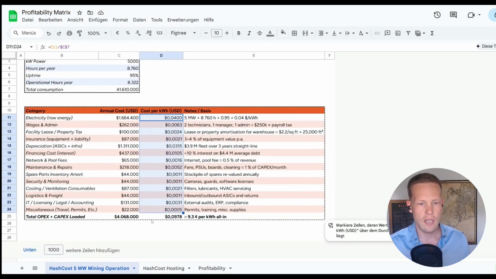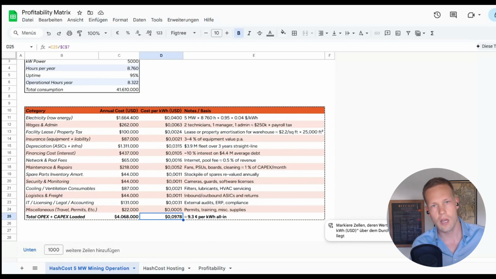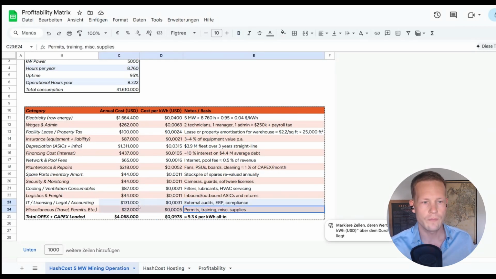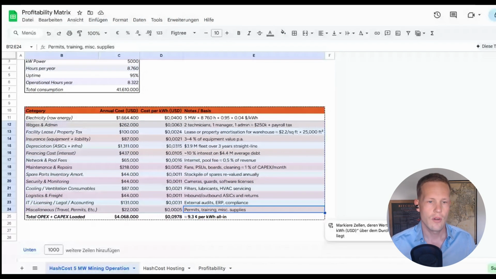So the all-in cost here is 0.0978 cents, right? So even though your cost of power might be 4 cents, the overall cost per kilowatt hour is actually 10 cents. And in the later part of the video, we'll get to why this is important. So this really tells you why it is so important to run a lean operation, right?